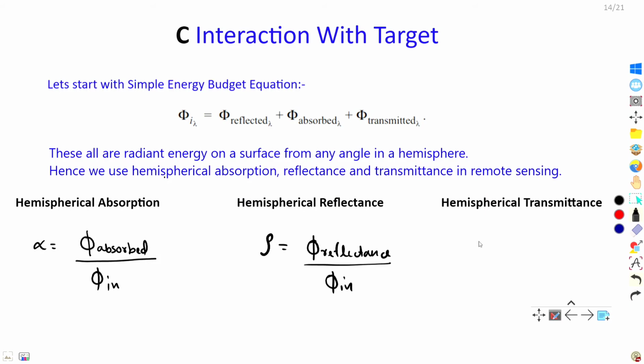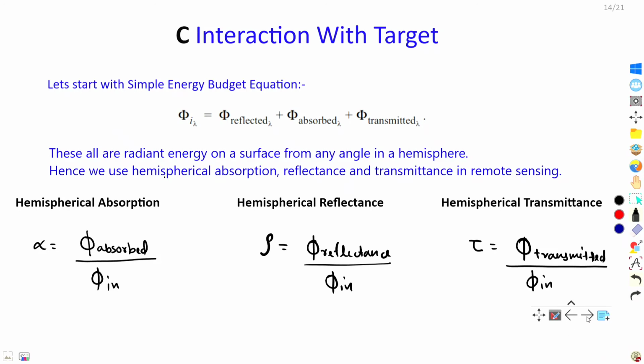Then comes hemispherical transmittance. It is represented by tau. Same, phi transmitted to phi incident. So these are all variables which we can use for calculation of incident radiant flux and reflected radiant flux.